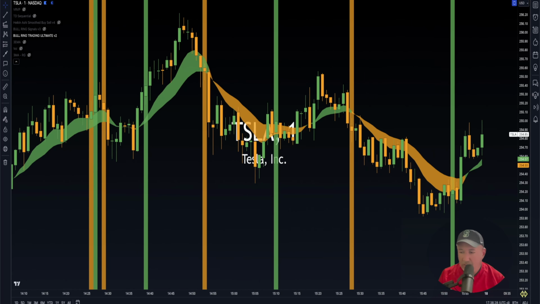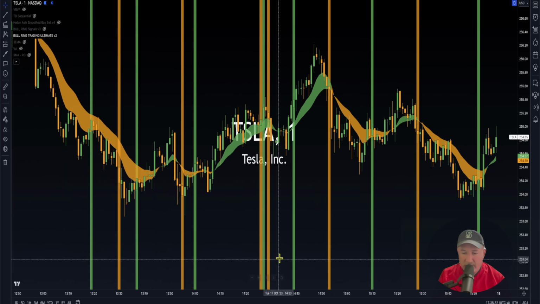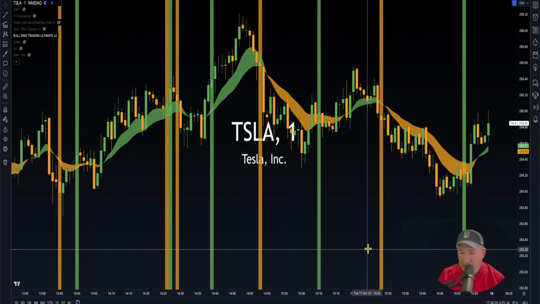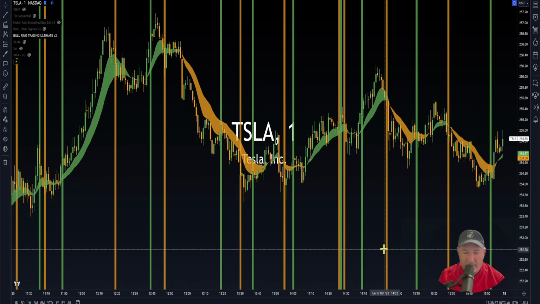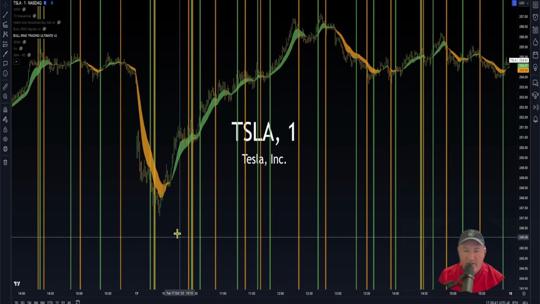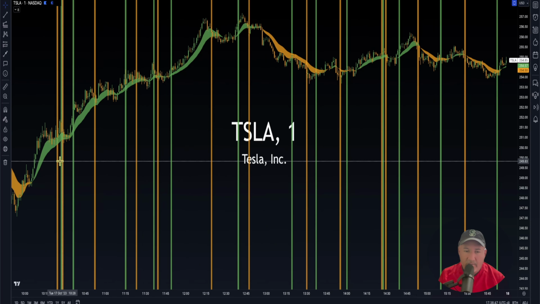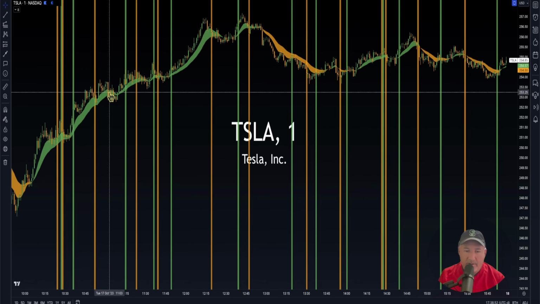We'll look at when the market opened up. We are right in this area. Let me find it real quick. So you have lots of lines on the 1 minute. Now you can see on the way up how Tesla goes down, up, down, up.